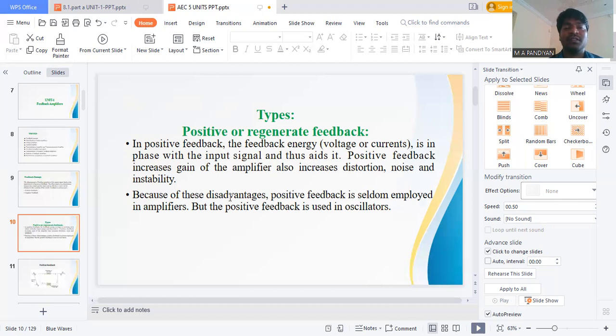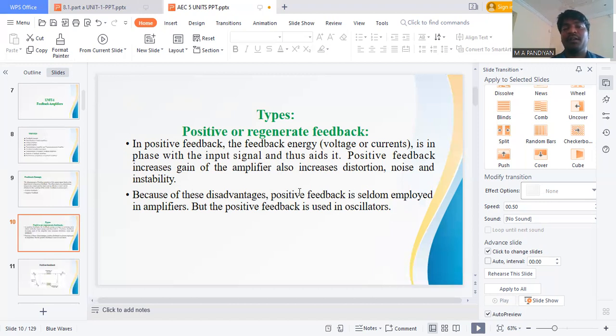Because of these disadvantages, why are we using positive feedback? We use positive feedback in oscillators. What are oscillators? Without giving any input, we can generate oscillations, that is, waveforms. An important question is which type of feedback is used in oscillators, positive or negative. We use positive feedback.